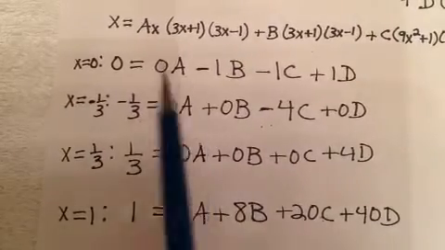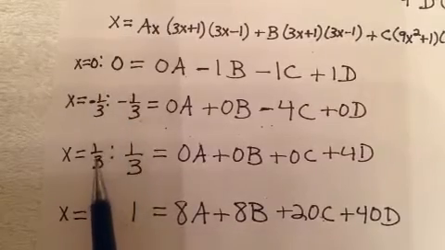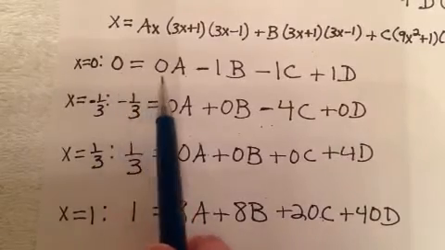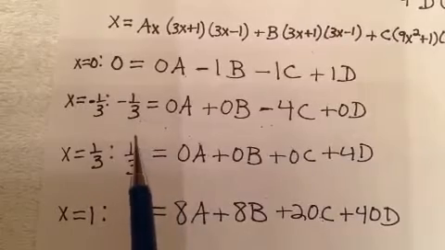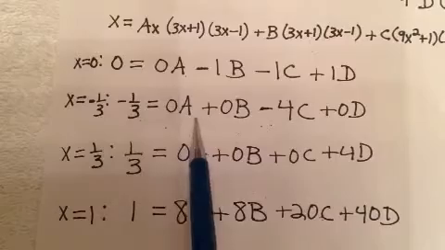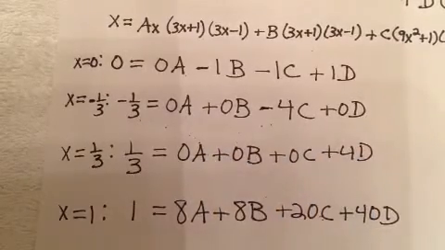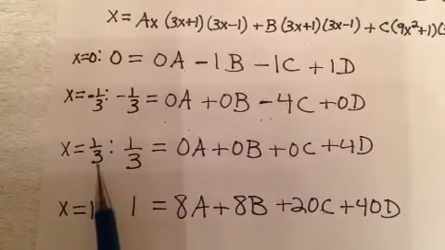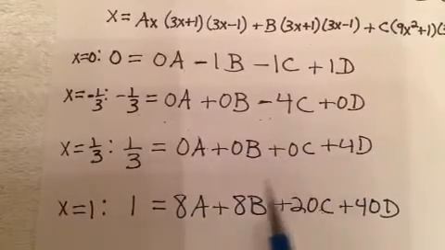If you plug the values 0, negative 1/3, positive 1/3, and 1 into this whole system: if x is 0, then 0 is equal to 0a minus 1b minus 1c plus 1d. If x is negative 1/3, then negative 1/3 is equal to 0a plus 0b minus 4c plus 0d. And for the third zero, if x is 1/3, then 1/3 is equal to 0a plus 0b plus 0c plus 4d.